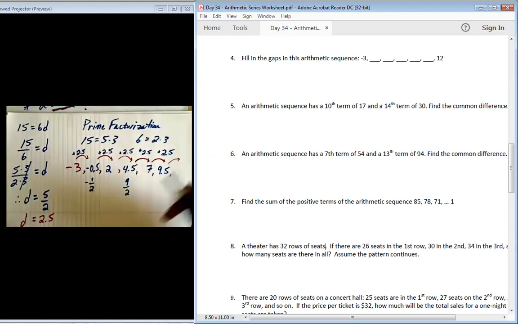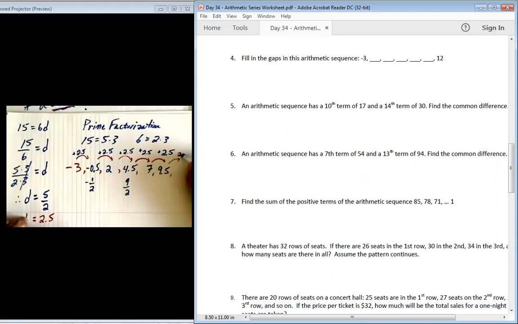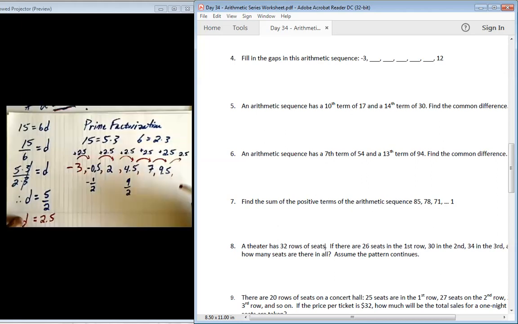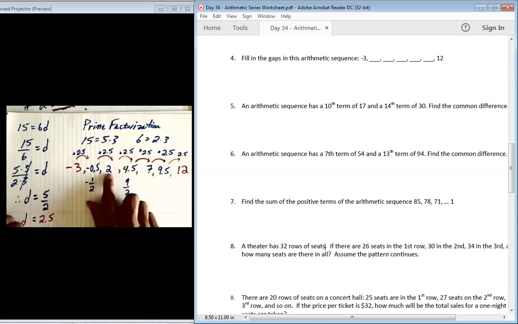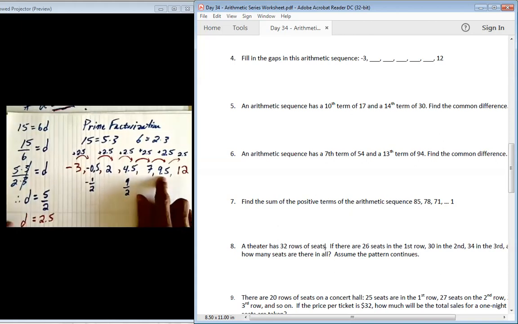You do one more and you get to the 12, which we had in the beginning, right? One of our terms. I hope. 1, 2, 3, 4, 5, 6, 7. Yeah, that's true. Okay, so what you can see in blue are the answers, the values that were missing for the value of D that we found there, 2.5.